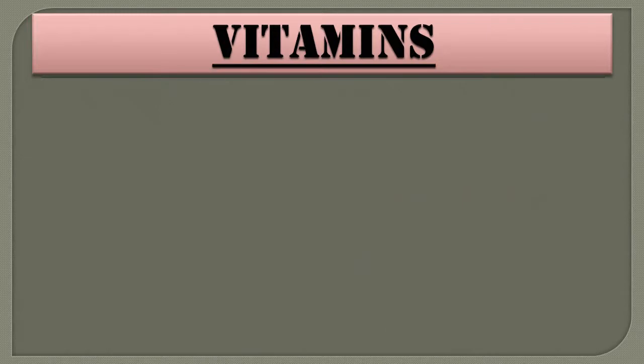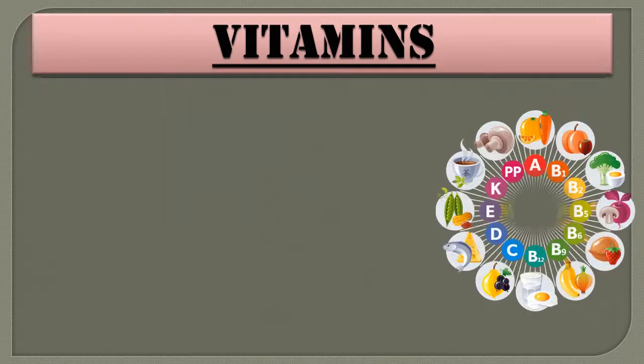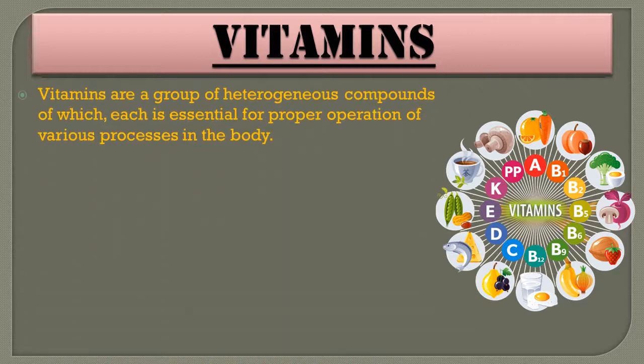Next we have the food component, vitamins. These are the different kinds of vitamins like vitamin A, B, C, D, E, K, and these have further constituents. Vitamins are a group of heterogeneous compounds, each of which is essential for the proper operation of various processes in the body.